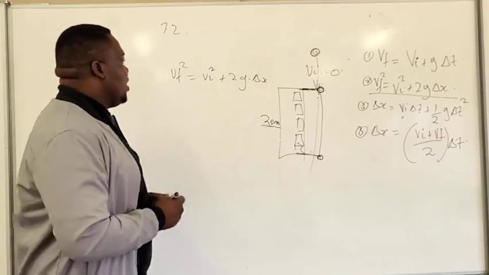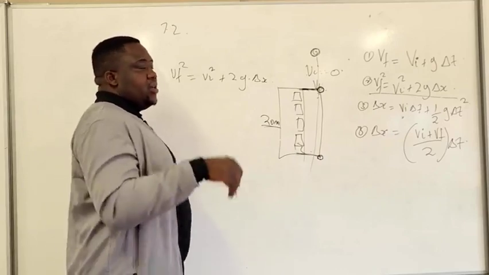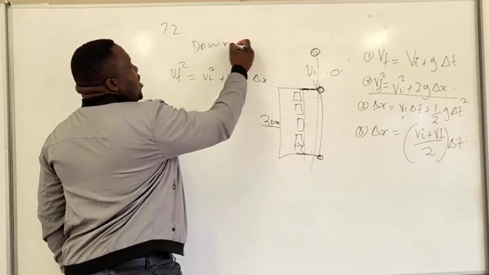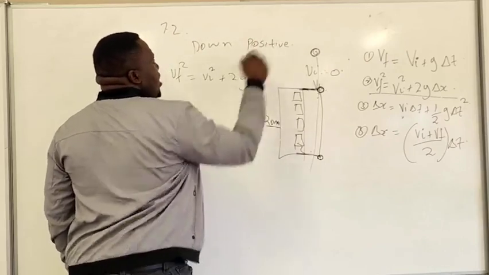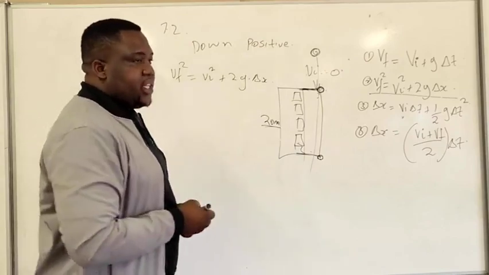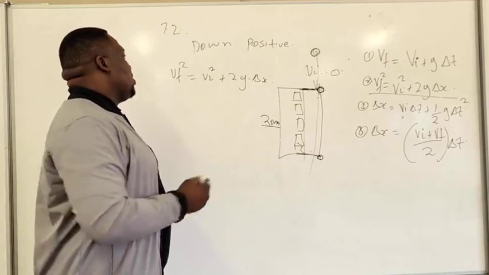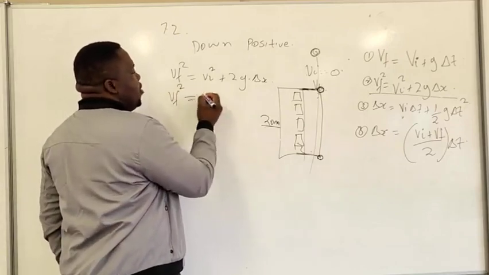So okay, let us solve that one. What do we do? The ball was going down. So we take down as positive. Anything that goes down, we take it as positive. So here we're going to have Vf squared.